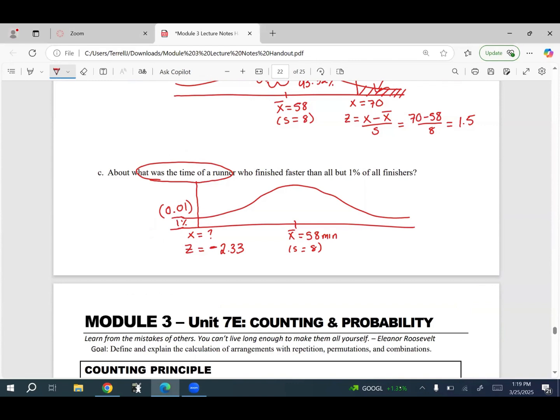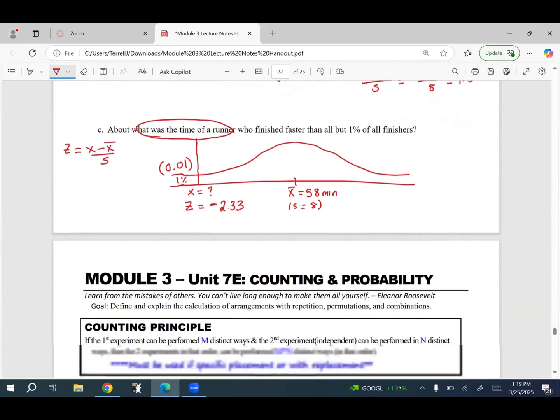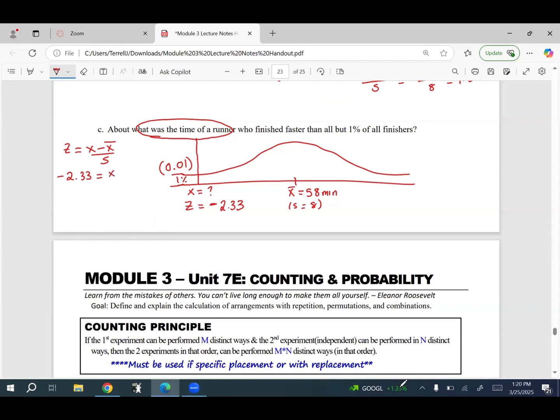Now we can take advantage of the z-score formula. Remember, this is the z-score formula. I have practically everything except x. I have my z-score. I don't know x, but I have my mean, that's 58. And I have my standard deviation, that's 8. So now I'm going to cross multiply.